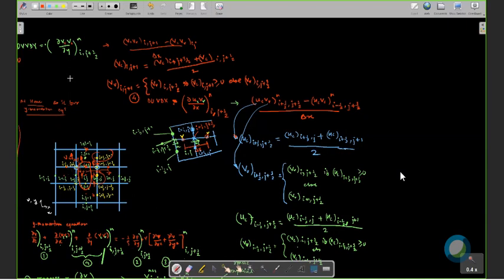What we are looking at is this velocity, this is a UC velocity. So based on this UC velocity, it has to be i minus half, j. Sorry, correct.